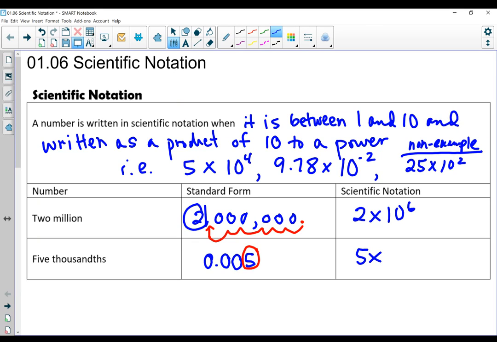So now I have to figure out what power. So I'm moving my decimal from here, 1, 2, 3 places. I want it to be here now. And that means if I'm moving it 3 in that other direction, because I have a really small number, I'm going to have a negative exponent. So if I have a really big number, I'm moving it and getting a positive exponent. If I have a little number, I'm moving it the other direction, and it's going to be a negative exponent.